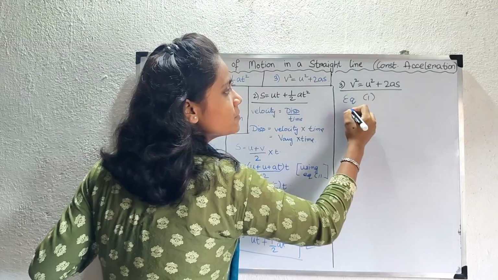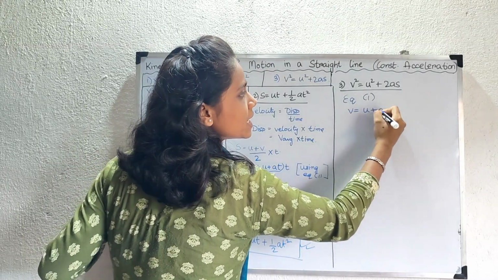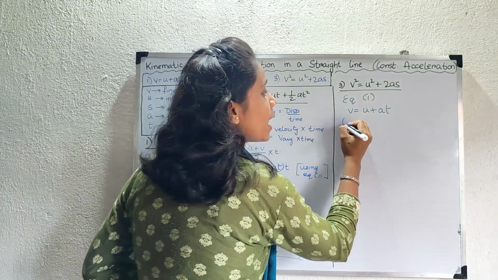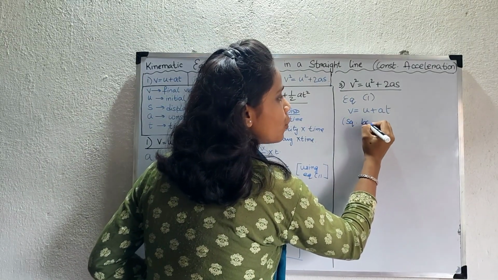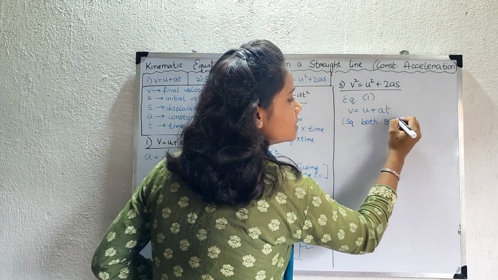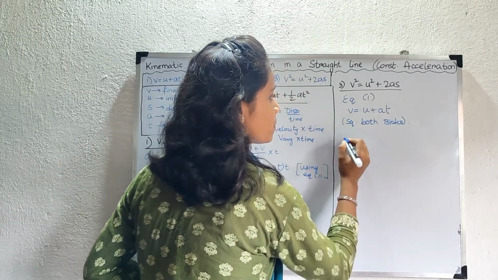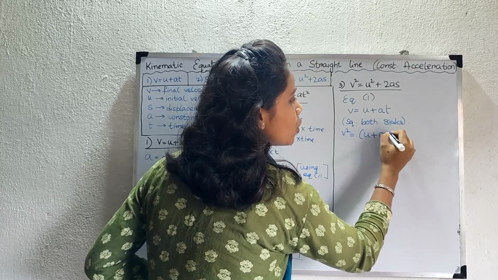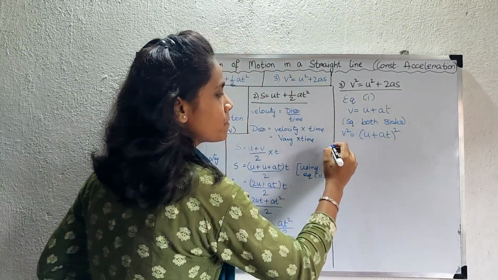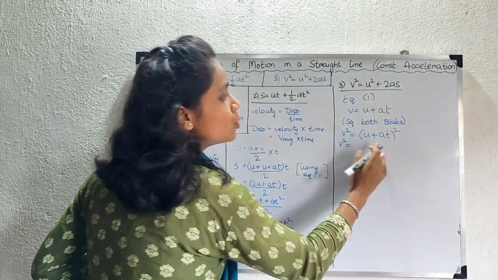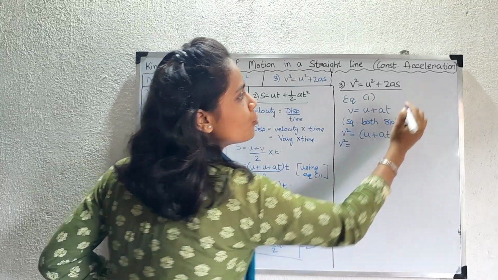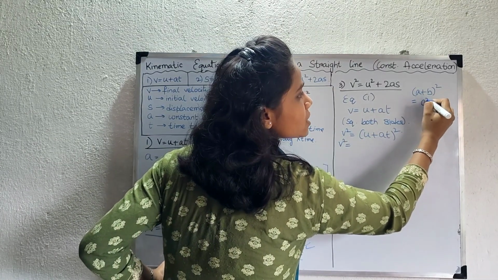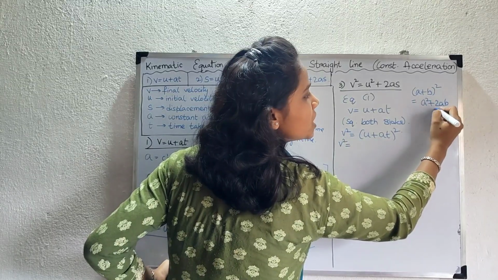Equation 1 gives us v equals u plus at. See, we have got v equals u plus at. Now squaring both sides, we will get v square equals u plus at whole square. We can use the formula a plus b whole square equals a square plus 2ab plus b square.